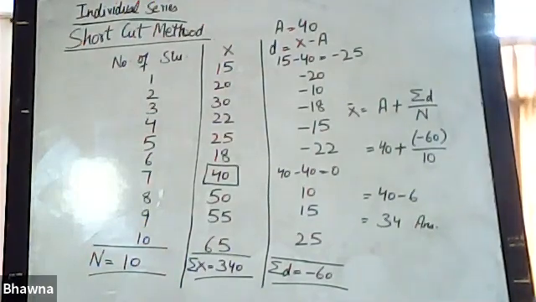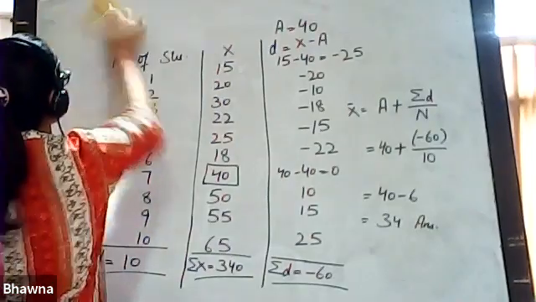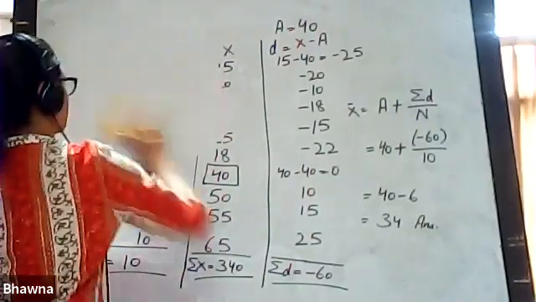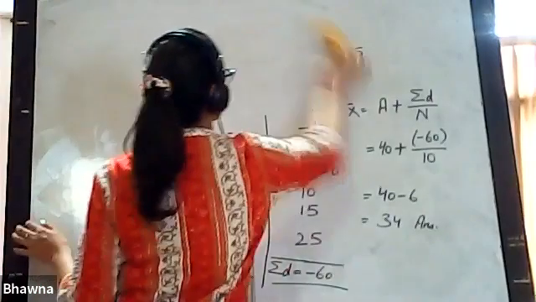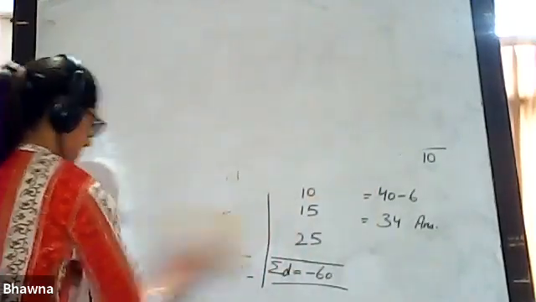Now we have to calculate the sum with discrete series. Under discrete series, there are also two methods.